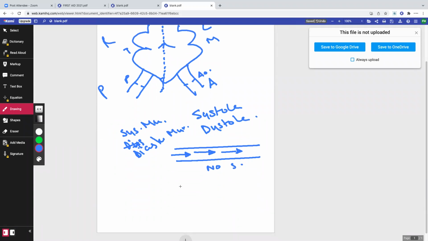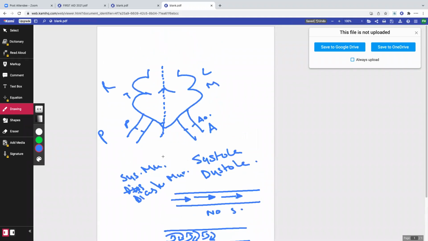But if the blood does not flow like this, if it starts flowing like this, we call this type of blood flow turbulent blood flow. And in turbulent blood flow, we hear a murmur. Are we clear? Yes or no?